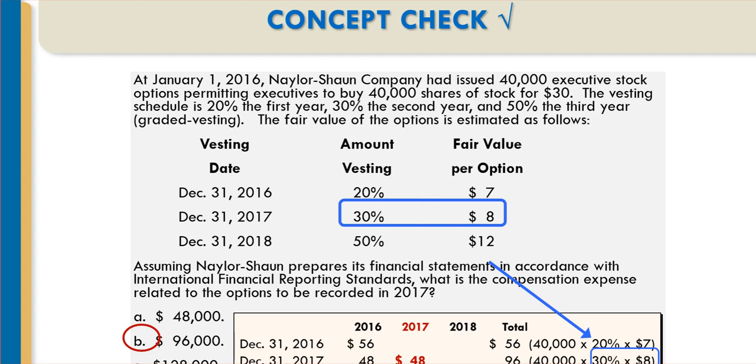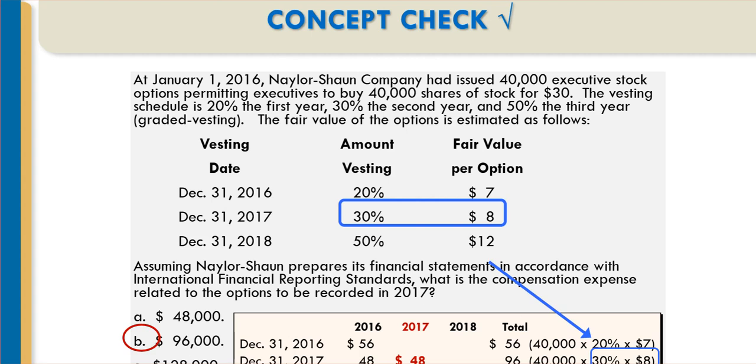In 2018, you're only going to have a third of this last group. So a third of the 240,000 is going to be 80, okay? So there's a total of 392 when you work through this problem on your own as total compensation costs.